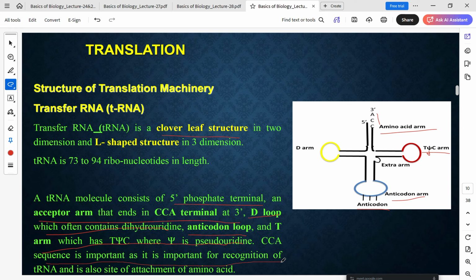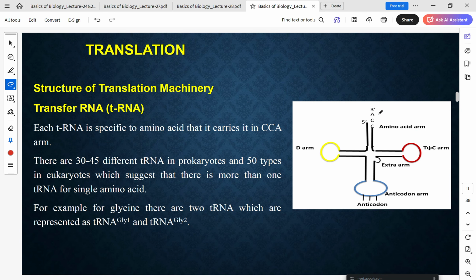The CCA sequence is important for recognition of tRNA and also is the site of attachment. So the amino acid attaches somewhere here. Each tRNA is specific to an amino acid and carries CCA in its arm. There are 30 to 45 different tRNAs in prokaryotes and 15 in eukaryotes, which suggests that there is more than one tRNA for a single amino acid.